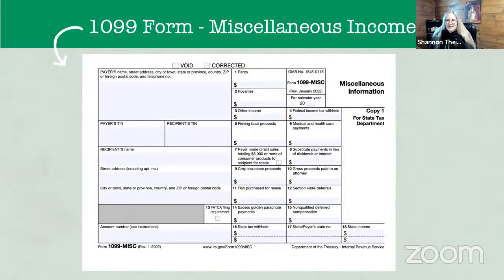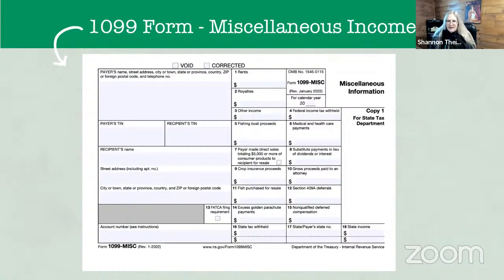That goes in box 3 of the 1099 NEC. The only thing that goes in gross proceeds paid to an attorney is if there's a lawsuit involved and the person who loses the lawsuit sends the proceeds to the attorney, and then the attorney sends it to the claimant. That is what goes in box 10.